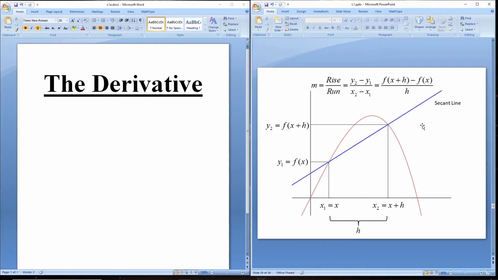I want to stress that this f of x plus h minus f of x all divided by h is just the same as rise over run. We haven't changed the meaning of anything. All we're doing is labeling these things differently. We've changed notation.